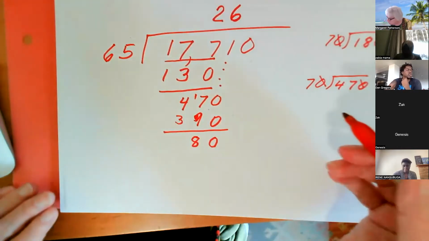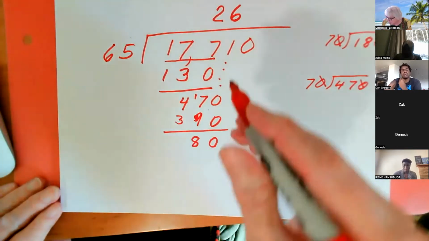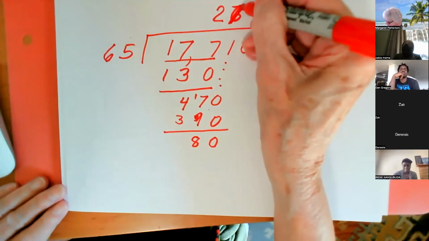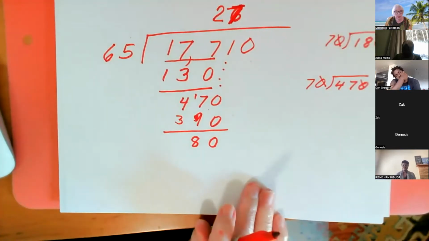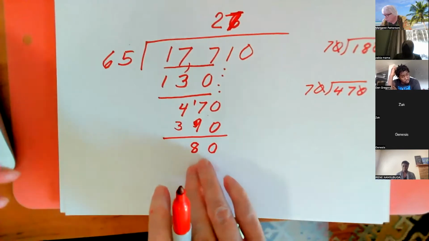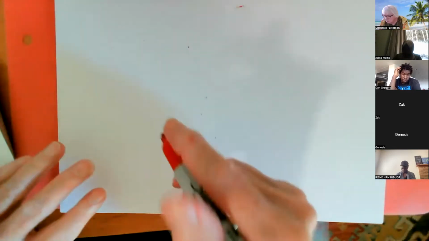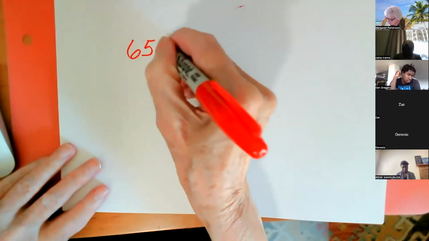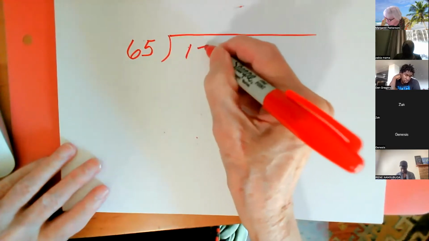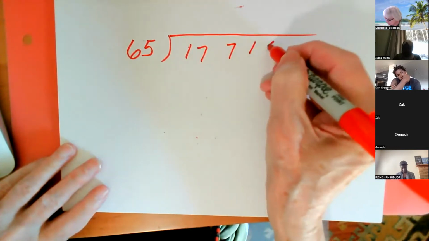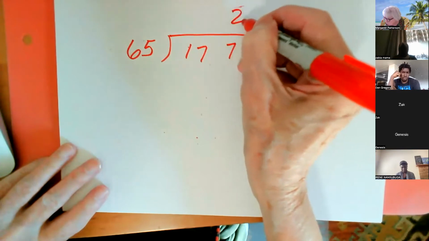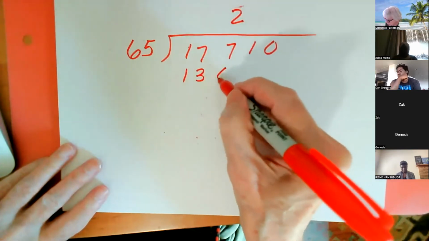So what we have to do, to make this right, is go to the next number, which is 7. Now I'm going to rewrite it because it's a pure mess here. So 17, 7, 10. The first number was correct, and I'm going to put the numbers in that we already have.